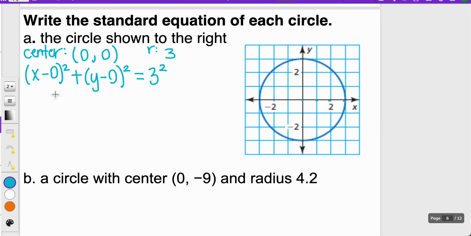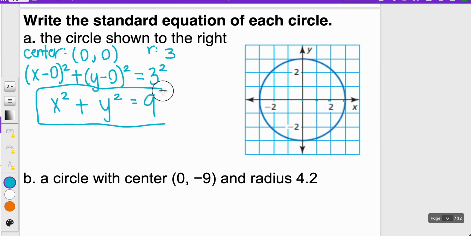X minus 0 is x, and squaring that is x squared. Y minus 0 is y, so that'd be y squared, and then is equal to 9. So this is the equation that we can use. We can't simplify it anymore. That just means as I try to build my equation, if I wanted to graph this eventually, I could make a table and plug in x and y values.